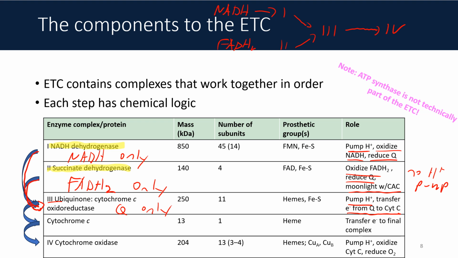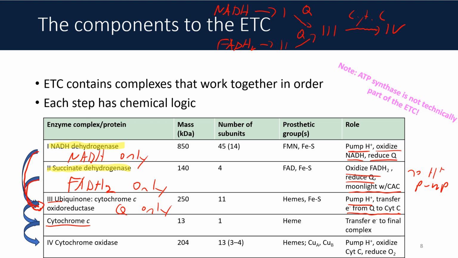FADH2 is the donor for complex 2. And both 1 and 2 contribute Q, which travel on to complex 3. Now, the electron carrier that relays these electrons from complex 3 onward is cytochrome C, shown over there.